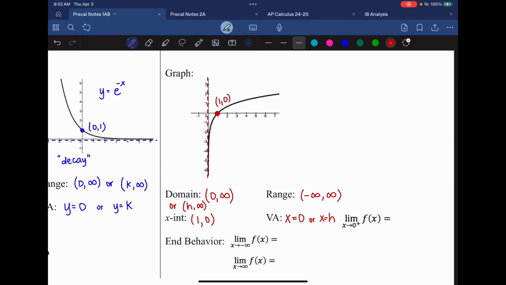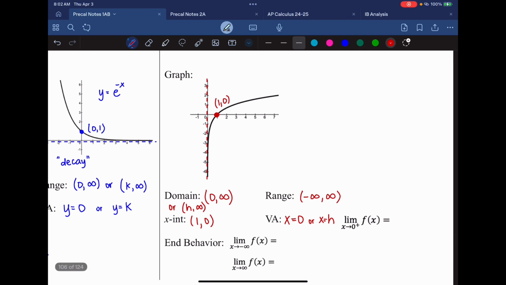We can talk about the limit as x is approaching the asymptote from the right-hand side. So we're approaching 0 from the right, and that would be going to negative infinity.